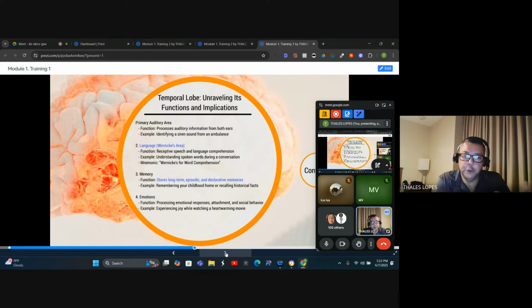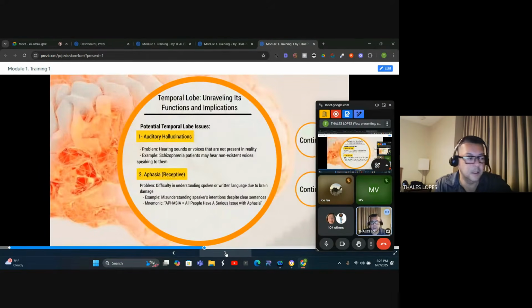Memory, short-term, long-term memories, episodes, and declarative memory would be a temporal lobe, and emotions would also be a temporal lobe. So when we say things like auditory hallucination, we would think of the temporal lobe.